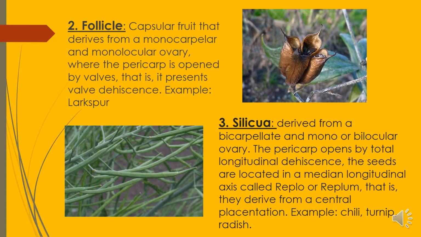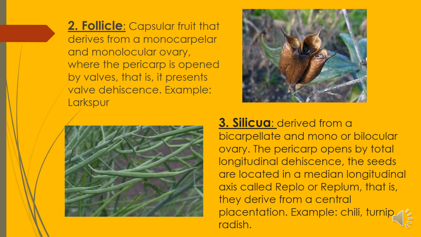The pericarp opens by total longitudinal dehiscence. The seeds are located on a median longitudinal axis called replum, that is, they derive from a central placentation. Example: mustard, turnip, and radish.